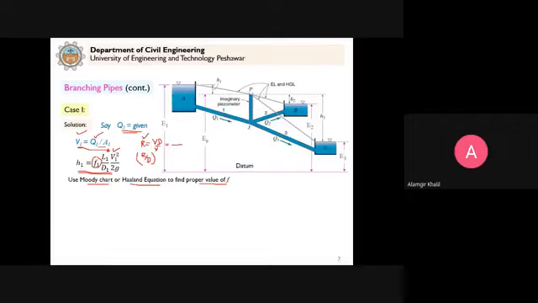The pipe material will be known to us, so we can calculate E by D, and then either you go to the Moody chart or use the Haaland equation, you can easily calculate the value of F. That you can put here in order to calculate H1.